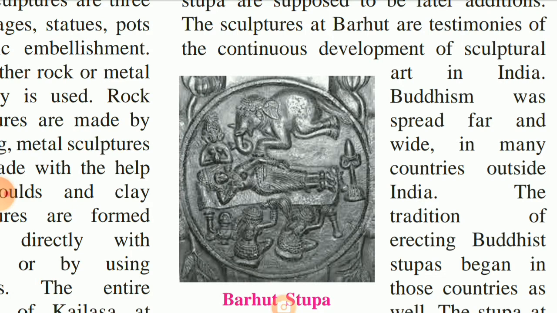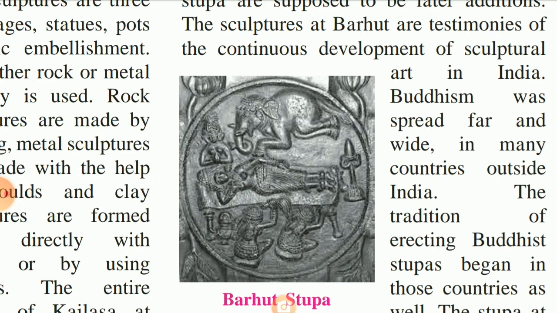Barhut is a village in Satna district of Madhya Pradesh. King Dhanabhuti was the donor to carve out the stone, and the carving you could see is of the mother of Lord Buddha.